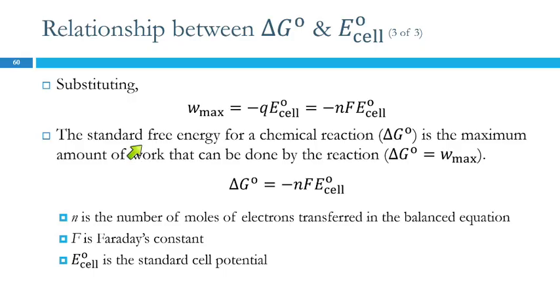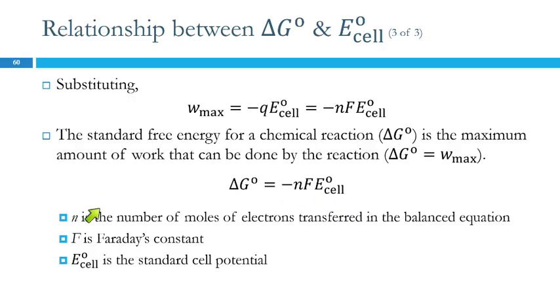And then the standard free energy for a chemical reaction is the maximum amount of work that can be done, right? It's the maximum amount of energy free to do work. So for work, we can substitute in delta G. So here's one of our equations. Delta G is equal to negative NF times the standard cell potential.